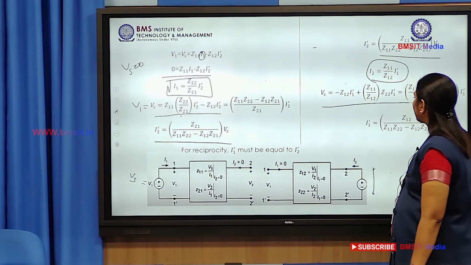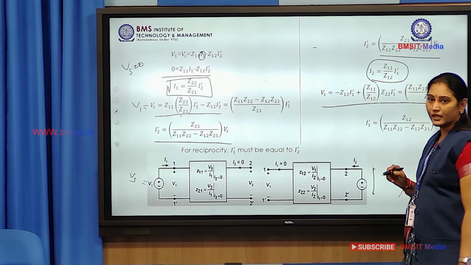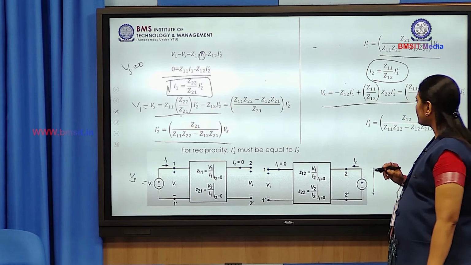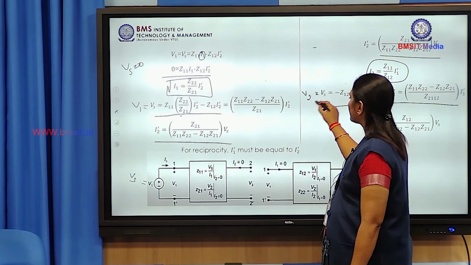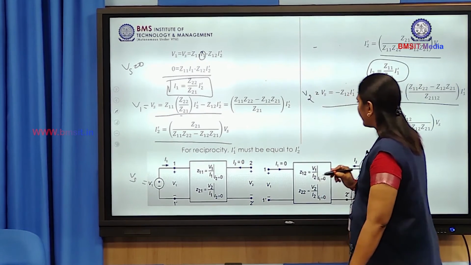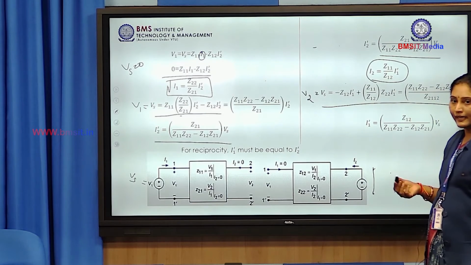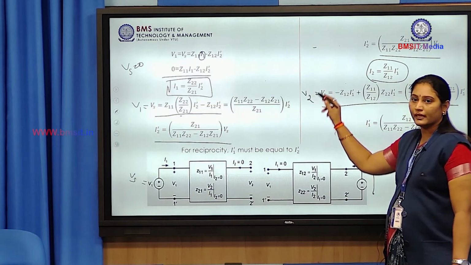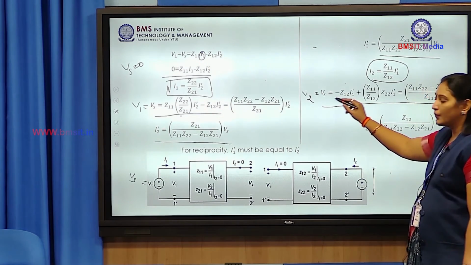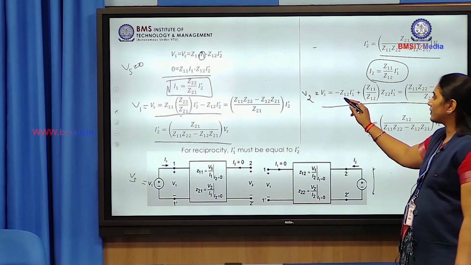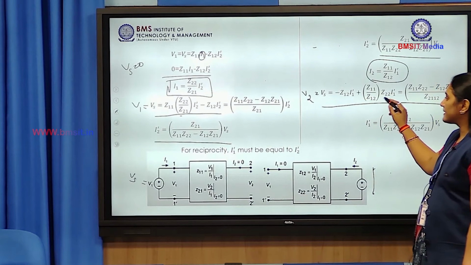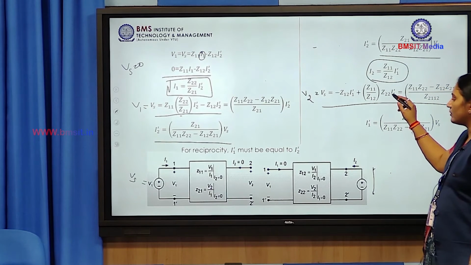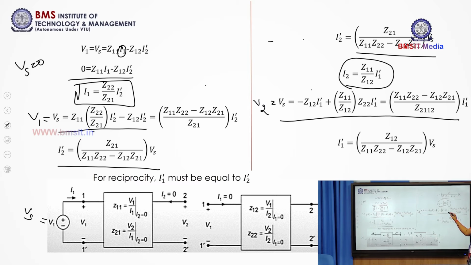Substituting, considering V2 as Vs, in the second equation of the voltage equations of Z parameters, where V2, the second port voltage, is nothing but the source voltage Vs, which is equal to minus Z12 into I1 dash plus Z11 by Z12 into Z22 into I1 dash.